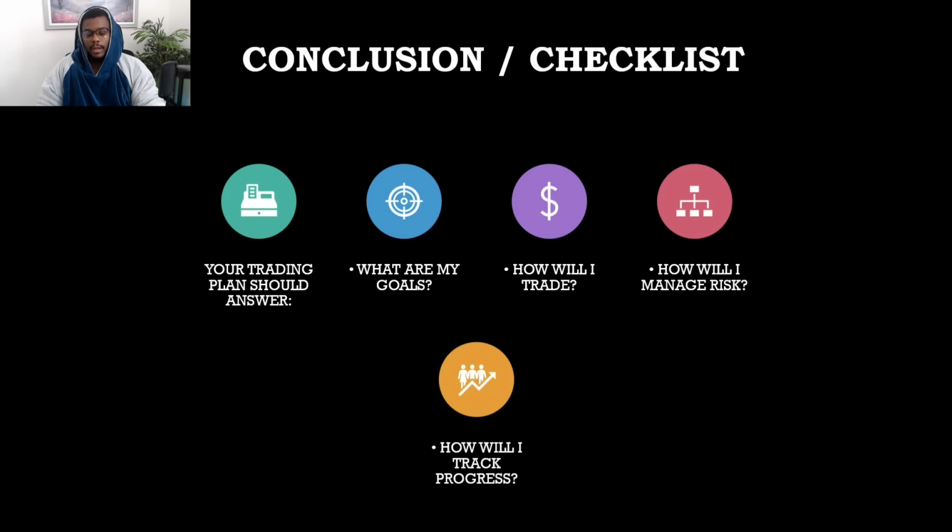So your trading plan is supposed to address these four major questions. And if you already have a trading plan and they are not addressing these questions, then I suggest you go back, go through your trading plan and try to make it much more comprehensive so that you can follow it to the letter and prevent any sort of emotions from taking over.